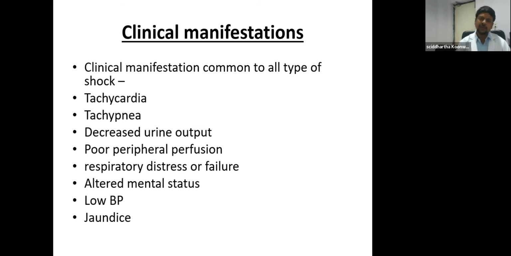We also look for any signs of respiratory distress or failure. It could be present in patients of pneumonia, tension pneumothorax, ARDS. Then we look for altered mental status, which shows that the cerebral perfusion is hampered.